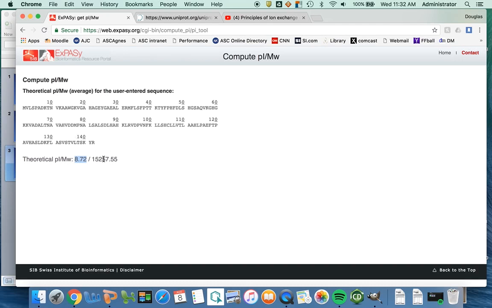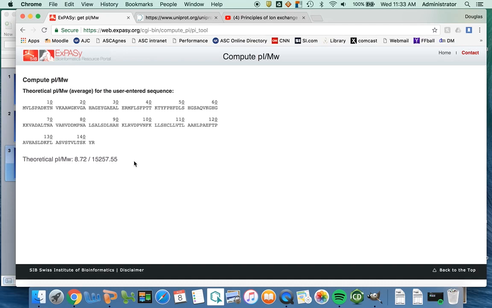Now, on a side note, it also tells me the molecular weight, the MW, for the protein. So let me just mention this because we'll see it often in the future. The molecular weight for the alpha subunit of hemoglobin is 15,257, right? That's in grams per mole. So in biochemistry, these big polymers like proteins are big, right?